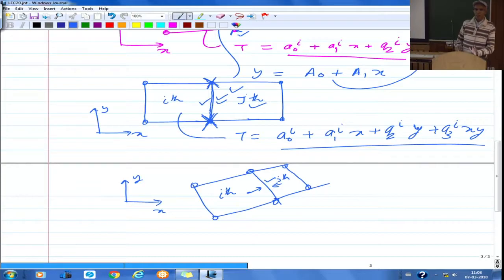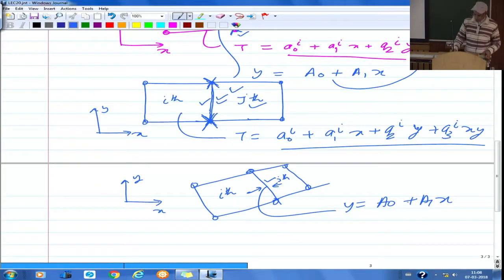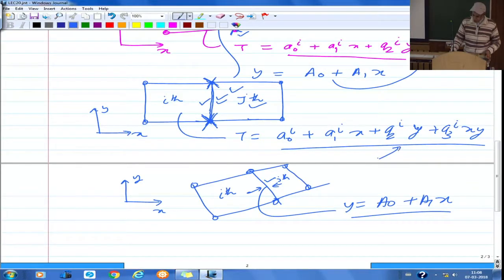Now, this is again a straight line, of course. So, x and y are going to be interrelated. I can again write for this line y equal to some equation of a straight line, A0 plus A1 x, and now when we substitute into this kind of expression, where the temperature distribution within the element is given by that, you will see that the last term x into y will give you an x square term.